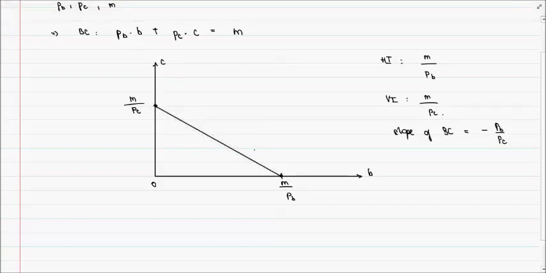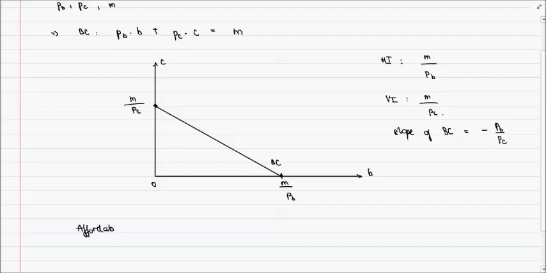Because we do not know the values of these, anywhere is fine. So this is my budget constraint, and the question asks you to show the affordable set. Now the affordable set is basically the budget set. The budget set is anything below the budget constraint, including the budget constraint. We already know that from before, and so affordable set is just another name for the budget set.